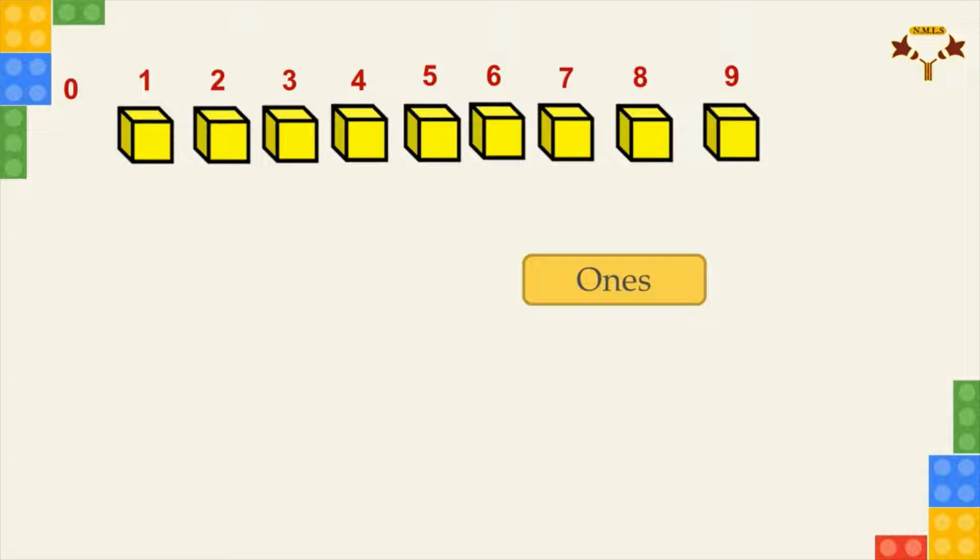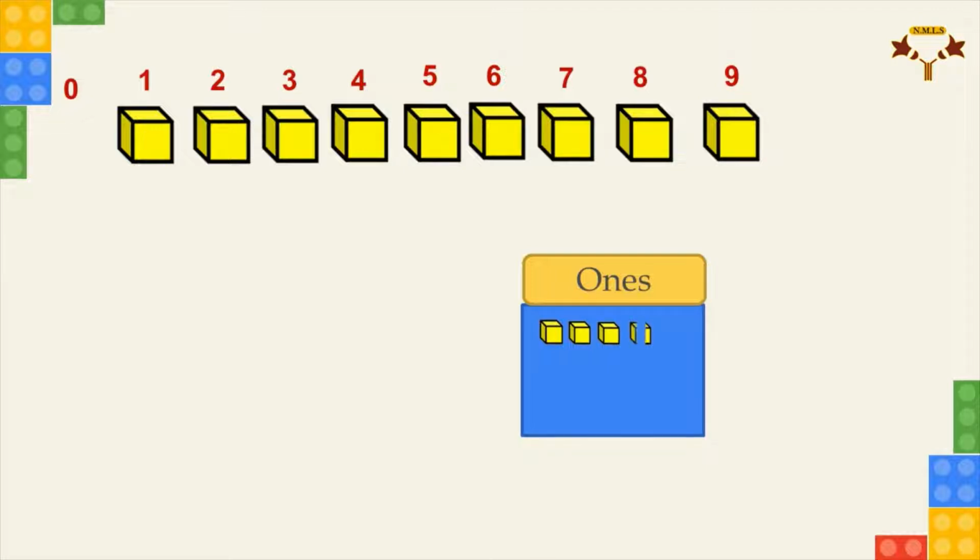If I want to put these squares in a place, which place will I put them in, as we took in Junior 1? Yes, I will put them in the ones place. Here I have 1, 2, 3, 4, 5, 6, 7, 8, 9. Excellent. Now I have 9 squares.